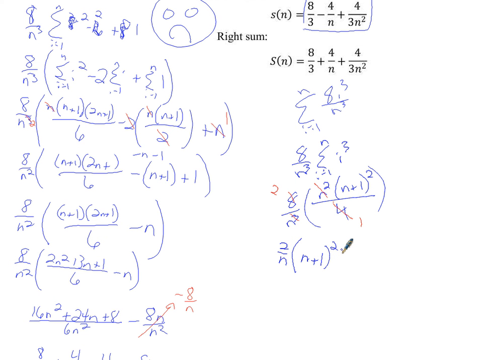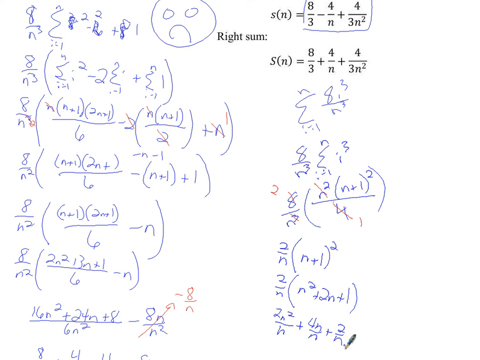Now FOIL. 2 over n times n squared plus 2n plus 1. Now what? Send it in. So we get 2n squared over n plus 4n over n plus 2 over n.